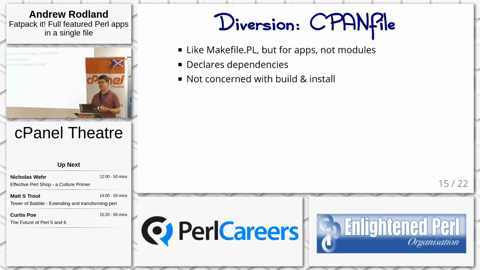It's not about how to build and install a module. It's specifically about what Perl modules I need to run this thing. It has a specification, which is on CPAN, and it has an implementation, which is the module Module::CPANfile, which is used by cpanm and cpm.